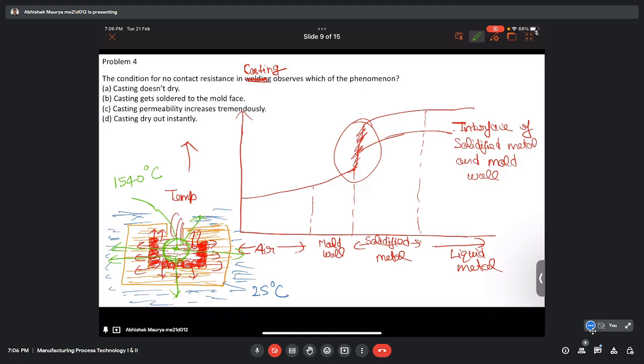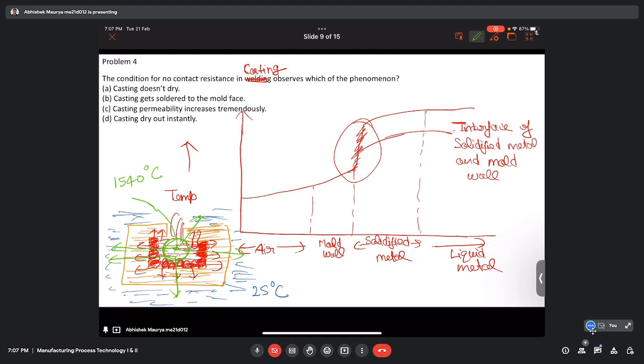Heat flux, if you can remember, is very similar to electric current. So what happens when electric current passes through some conductor? It means a potential drop is taking place. Similarly here, if we have heat current or heat flux moving via conduction, then definitely a temperature drop would be taking place.